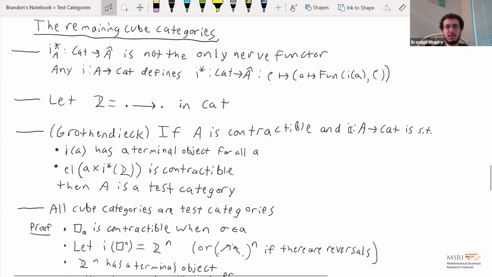But what's important to note is that we only do it for I star. So we only use this to go from Cat to A-hat. We don't replace the category of elements, which is defined using I sub A, because that's not always going to work. But what we know is, in the case of simplicial sets, for instance, if you use the usual nerve functor from categories to simplicial sets, that's going to work.